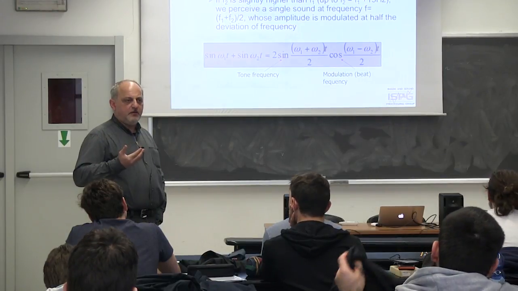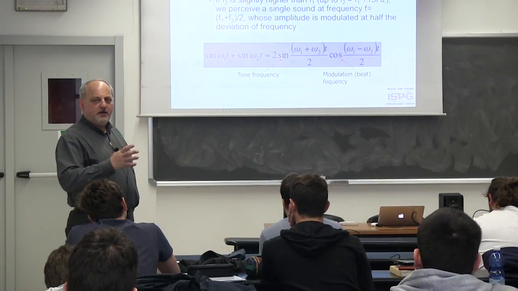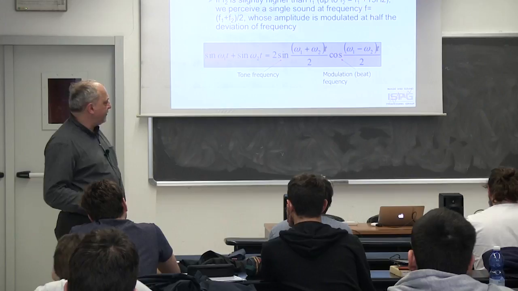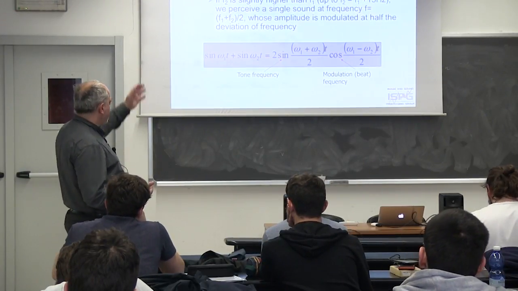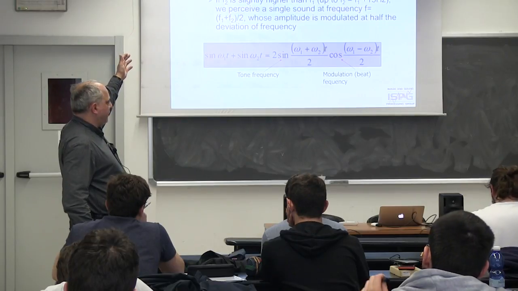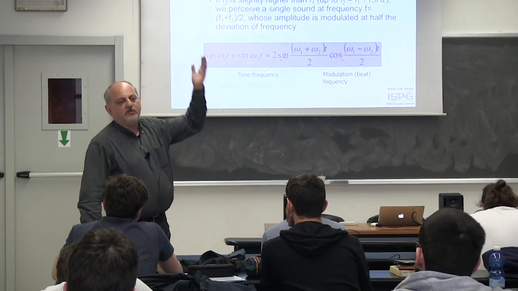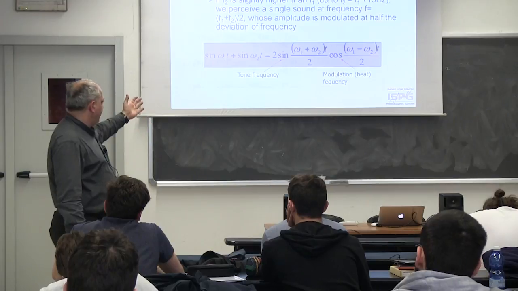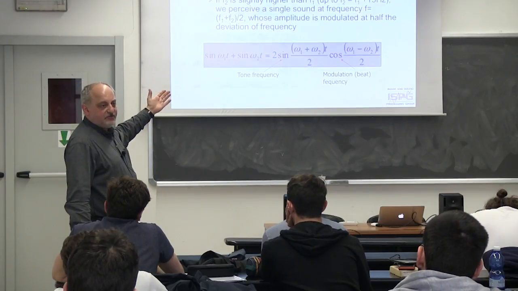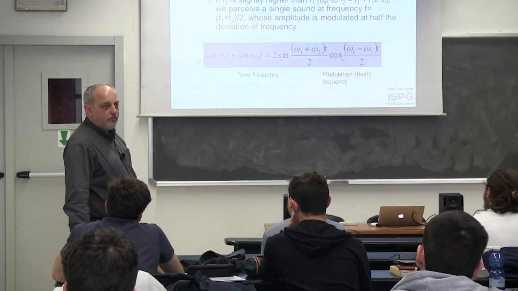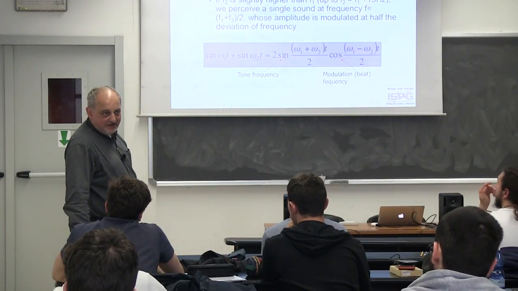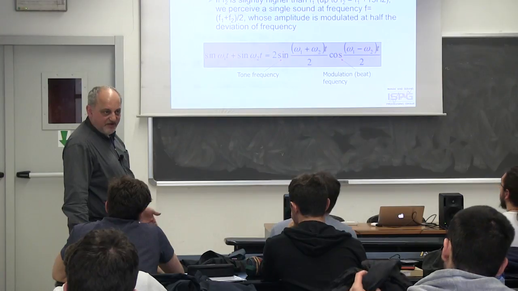The first term is the note that I hear, which is the average of the two frequencies. But there is a term that oscillates very slowly. Say 100 hertz for the first frequency and 110 hertz for the second. The oscillation will be at 105, the average of the two. But the modulation will be at 10 divided by 2 hertz, so at 5 hertz.